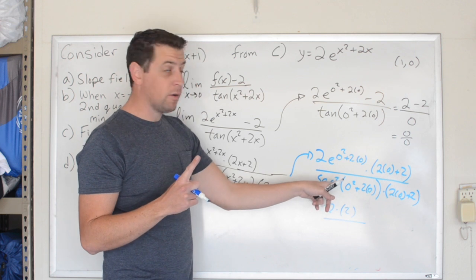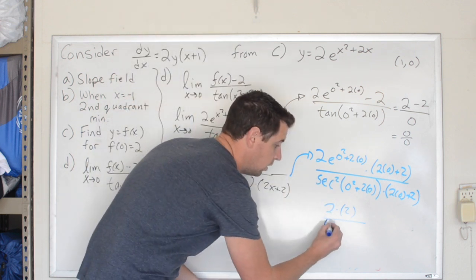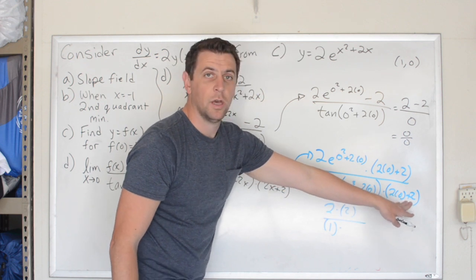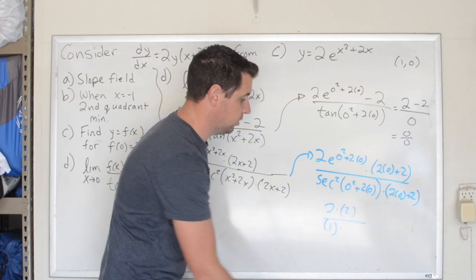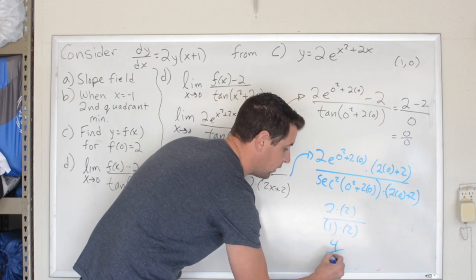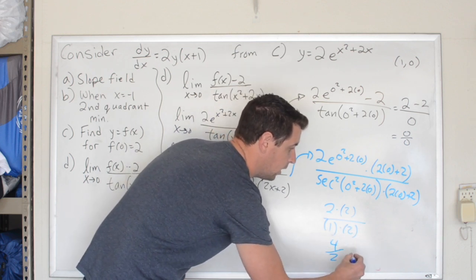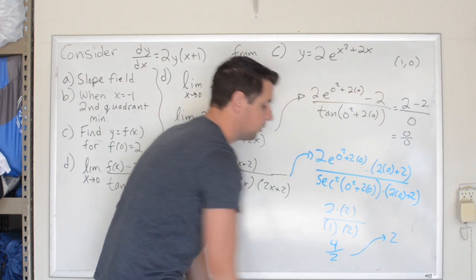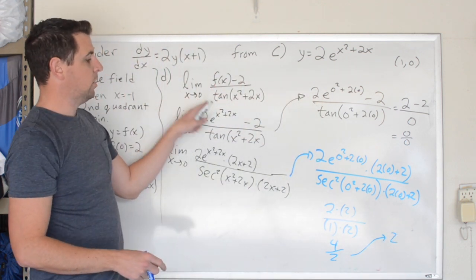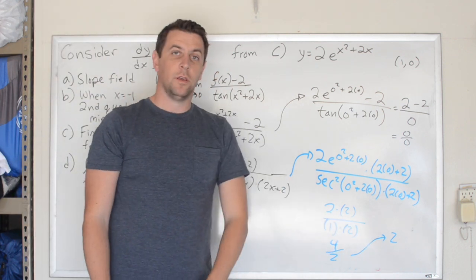And then I got to square it, so that's all still 1. Times, over here, 2 times 0 plus 2 is 2. And this will give me then 4 divided by 2. Which goes to 2. So the limit of this, after using L'Hopital's rule, is 2.